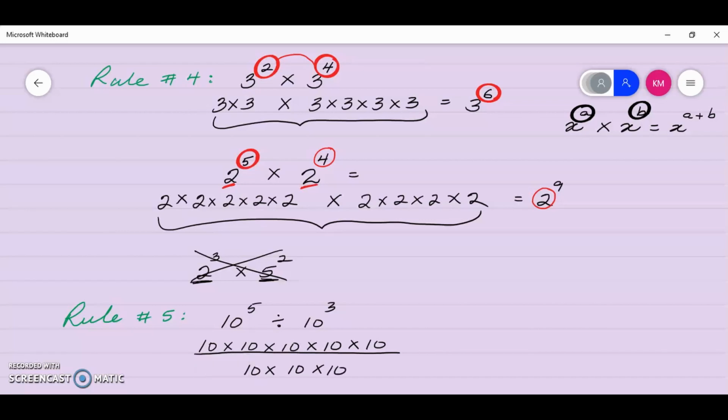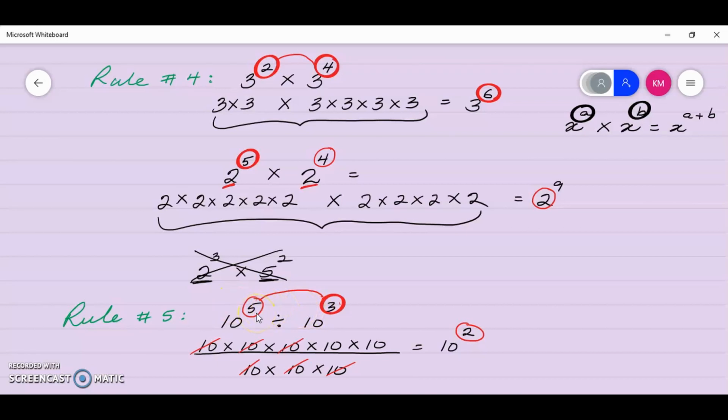Now, what will happen is that we can cancel that 10 there, we can cancel that 10 there, and we can cancel another 10 there, leaving us with 10 by itself 2 times. So I can write this as 10 to the power 2. So what happened to these powers here? How did I arrive at 2? Notice 5 take away 3 gives us 2. So what we did, we took it away.